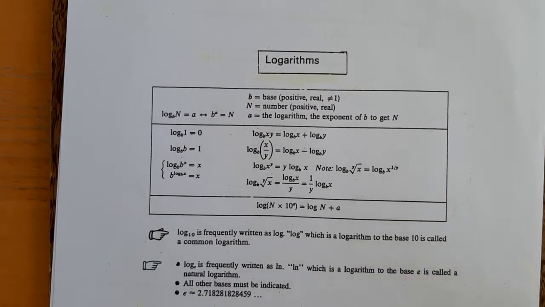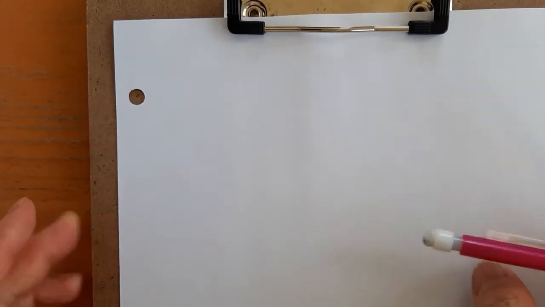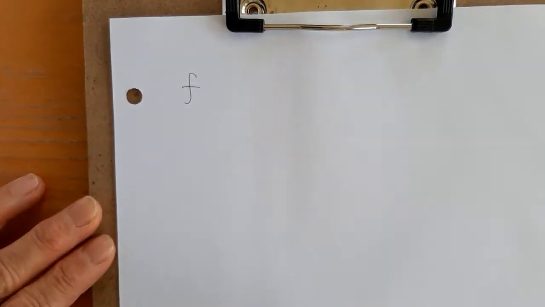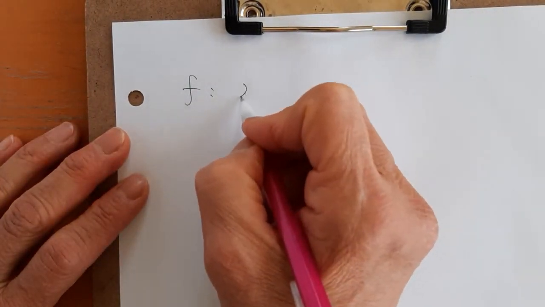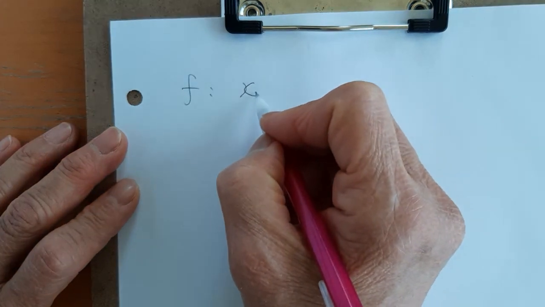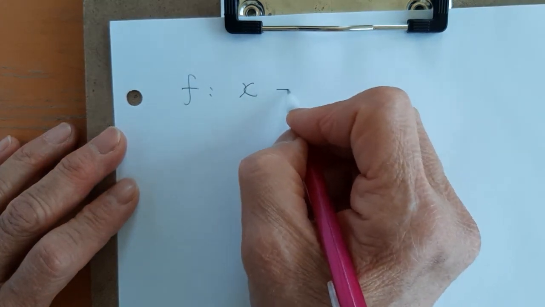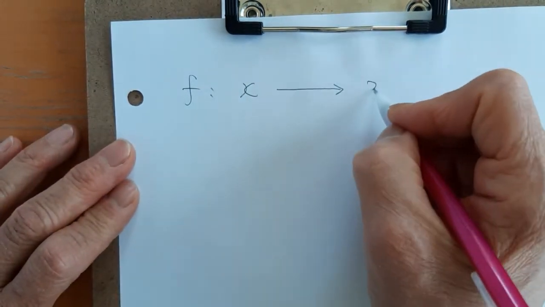So today we learn the logarithmic function. The logarithmic function is the inverse function of the exponential function. And how do we get the logarithmic function? Given a function named f, it maps x to 2 to the power x.